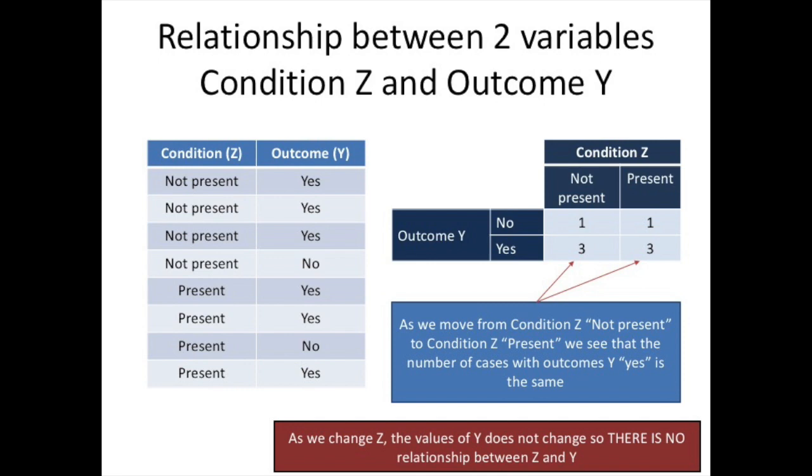It's still 1, 3, 1, 3. When you change the values of one and the other one stays the same, then we can say that there is no relationship between these two variables. As we change Z, the values of Y remain constant, so there is no relationship between Z and Y.